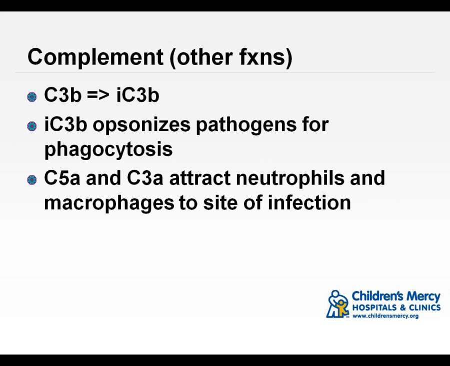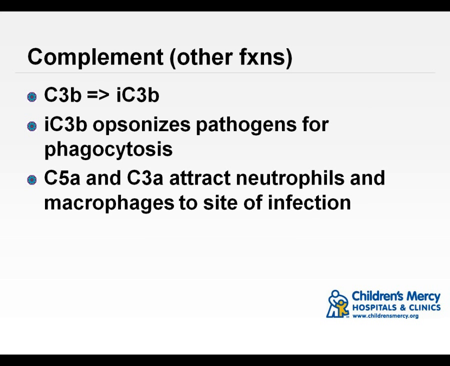Okay. Complement can work in other ways, other than this traditional cascade of proteins. C3b can actually change into something called inactivated C3b, or iC3b. And when it does, it loses most of its function, but it's still able to grab onto pathogens, or what's called opsonize.